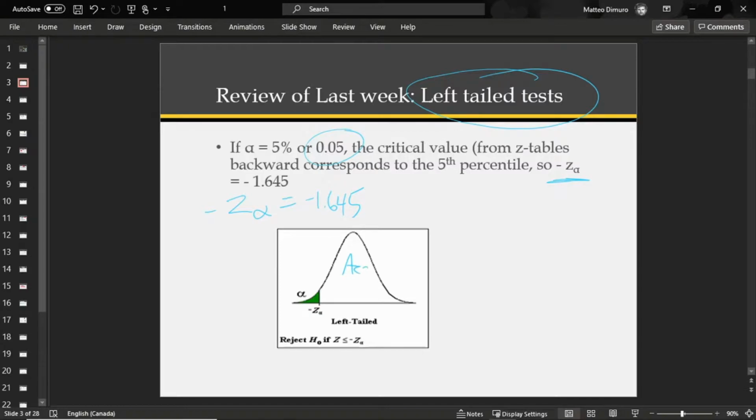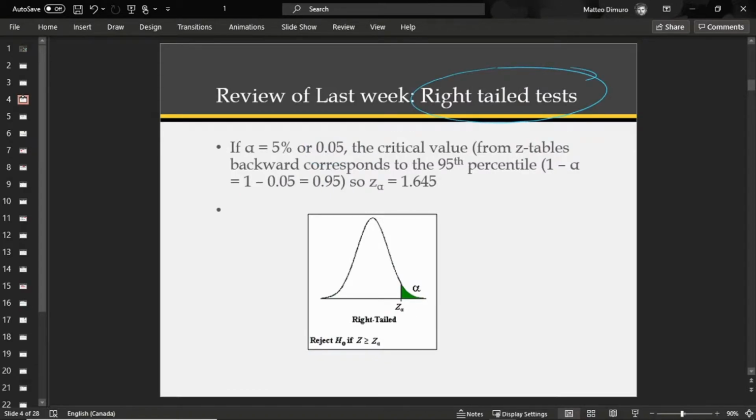So in this region, we accept H0. In this region here that's colored in green, we reject H0. And this is the logic that you want to write down in the test: reject H0 if Z is less than or equal to negative Z alpha.